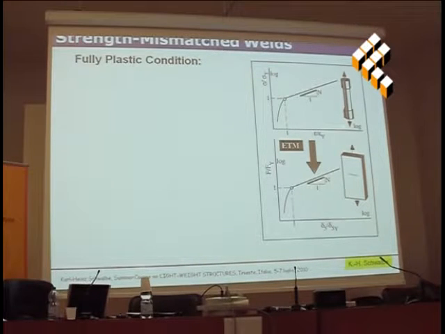And what you see here in a double logarithmic plot, and the quantities are normalized by their yield values, which means that we have 1 here.